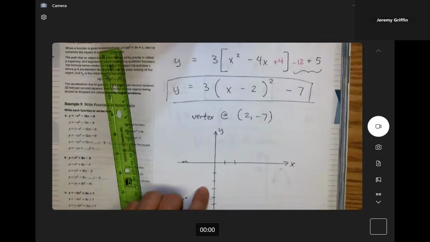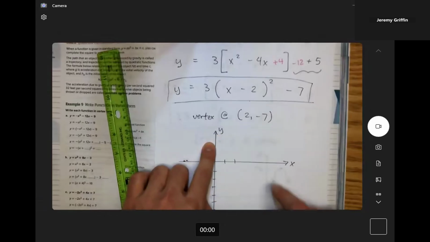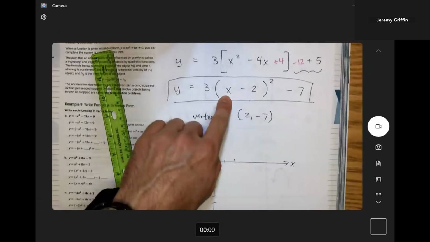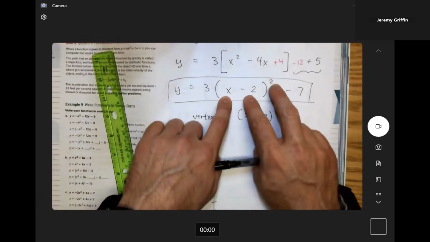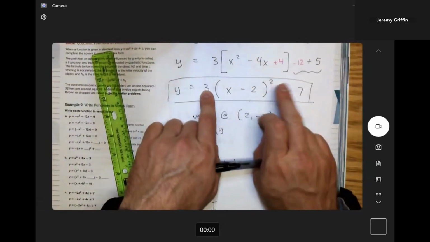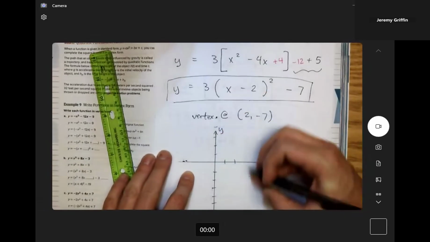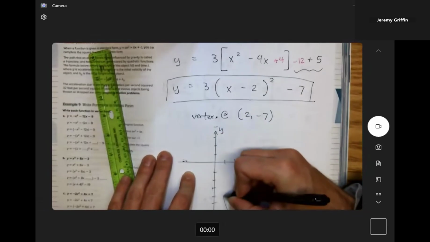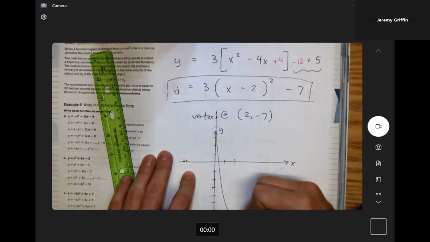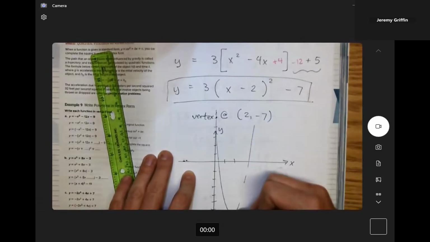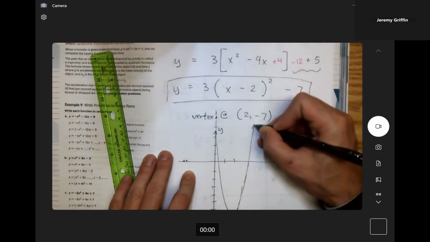I wonder what the y-intercept would be. That's where x is 0. So if I plug in 0 here, this would be -2 squared is +4, so there's 12. 12 minus 7 is 5. So kind of somewhere there. So this would be a tall skinny parabola that does something basically like this. That's basically the shape.